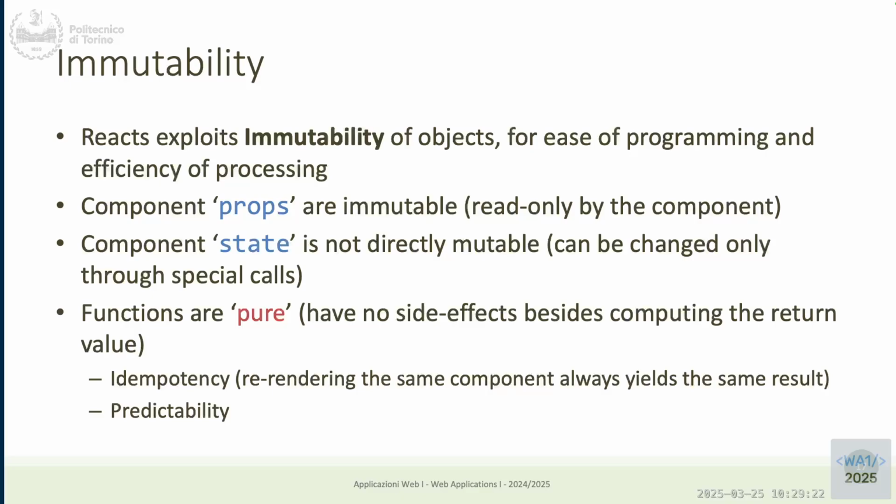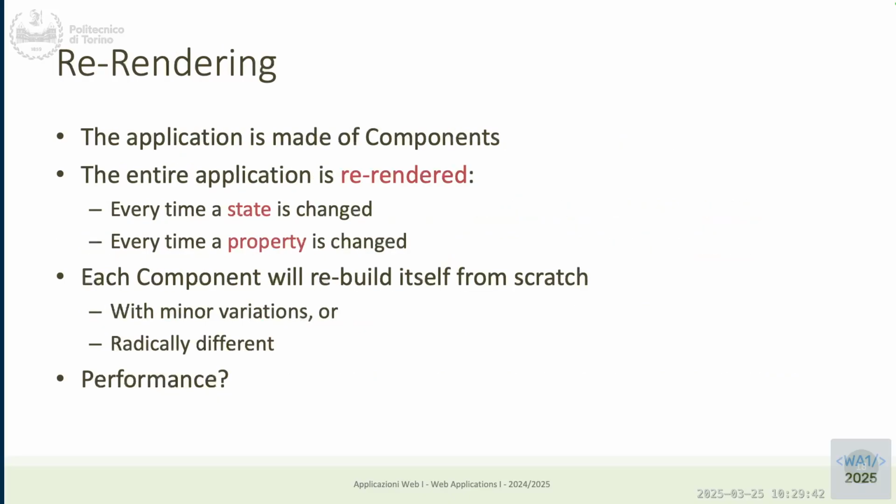Actually, what happens in debug mode, in development mode, is that the React library is calling every component twice, just to check if two different renderings will actually really create the same value. Otherwise, it will give you an error. You are creating a component which is not functional. So we must be careful, okay, how we handle data.